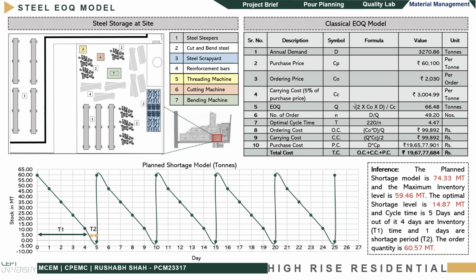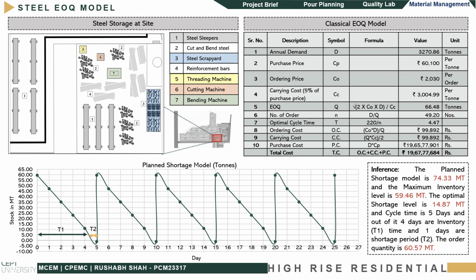Fifth, ordering costs are calculated based on time spent by the project manager, senior execution engineers, and store managers at site level. And from HO, we can calculate the purchase engineers and planning engineers. After that, we obtain a total cost of 19.67 crore, which includes the ordering cost, carrying cost, and the purchase cost.